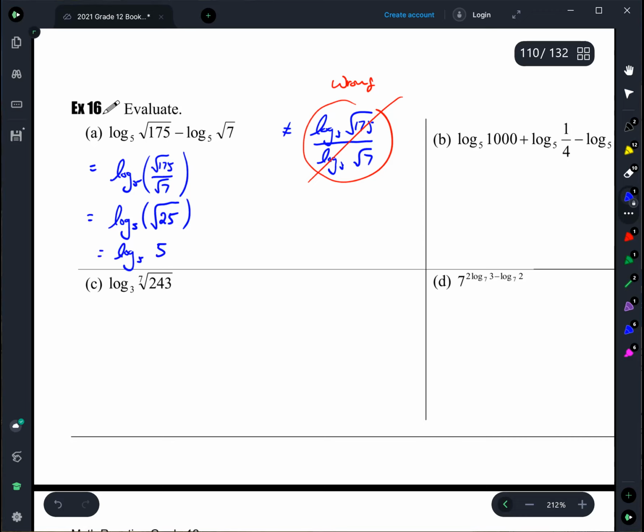All right, and then we don't stop here, because now you look at this, we have a base of 5 and the inside number is 5. What does that equal to, Marcus? Sorry, what was the question? What does log base 5 of 5 equal to?